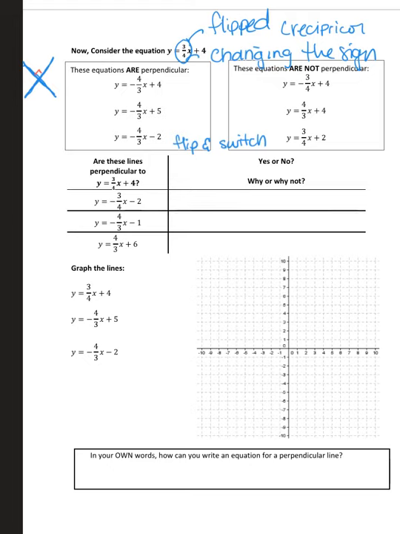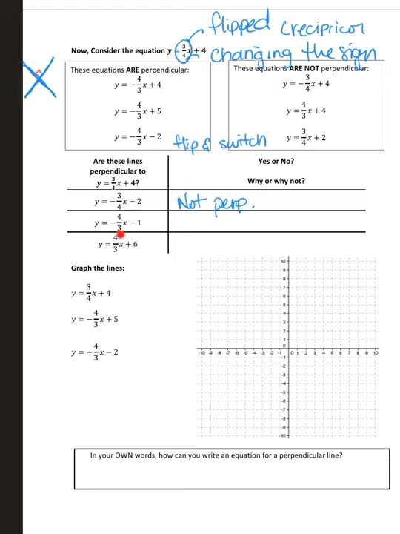Okay, so let's look at these to see if they're perpendicular. I'm looking at 3 over 4x plus 4. So here I have negative 3 over 4x minus 2. The sign was switched, but the fraction is not flipped. So this is not perpendicular. Let's look at this.